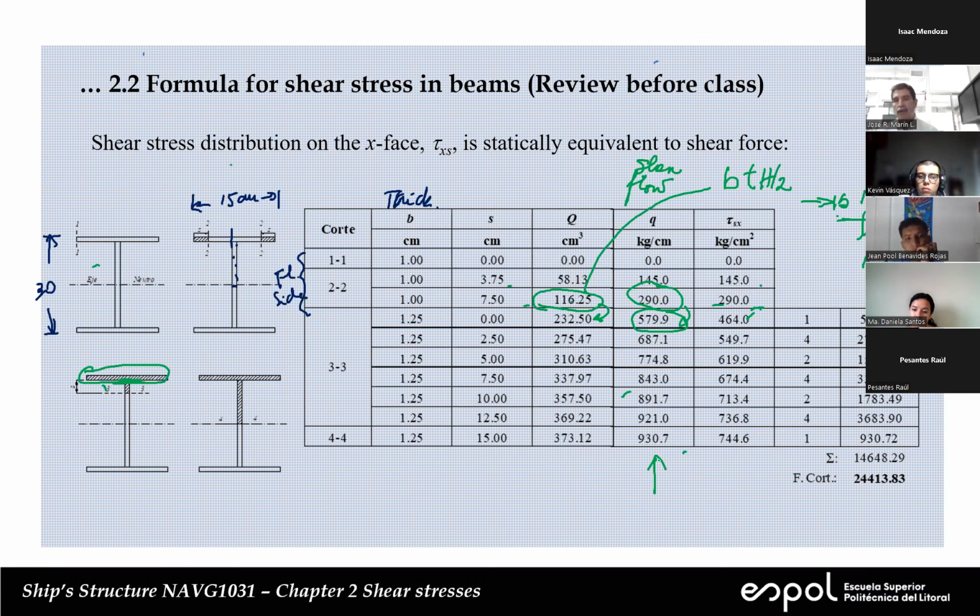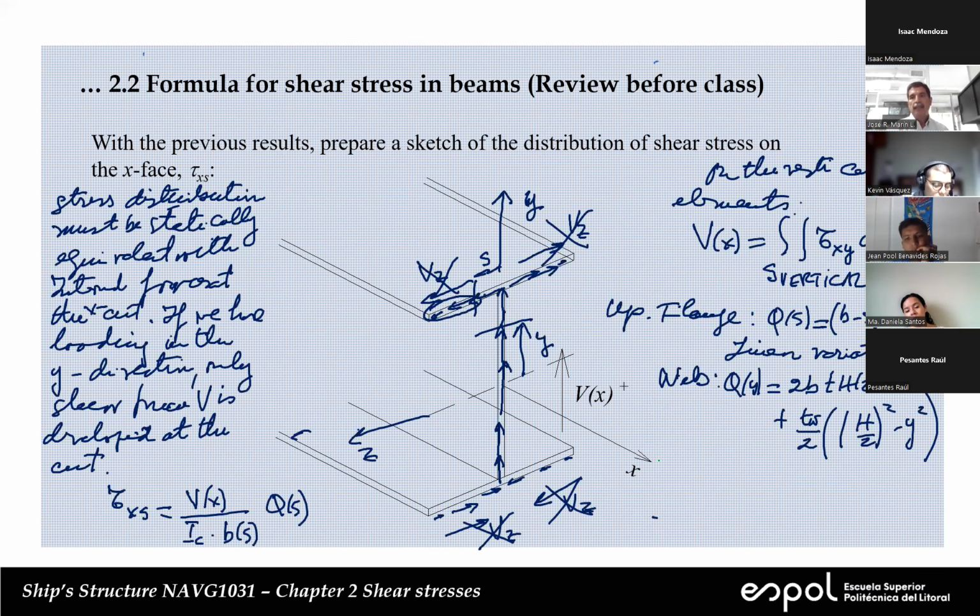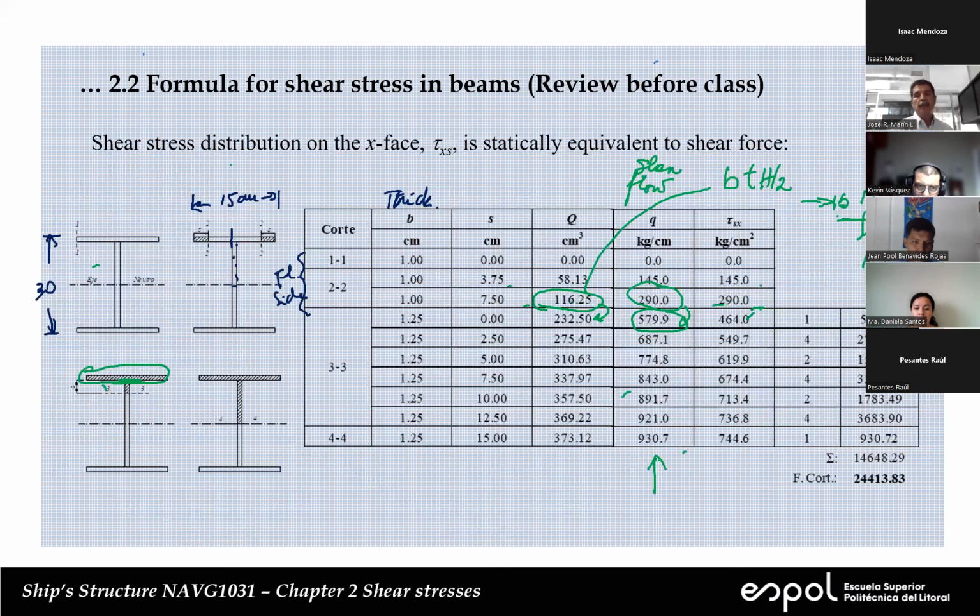So you have the distribution, and you see that on cut 4, you get the largest value, which is 745 kilograms per square centimeter. And then we said that by integrating the shear stress, we should recover the shear force, and that's what we are doing here.